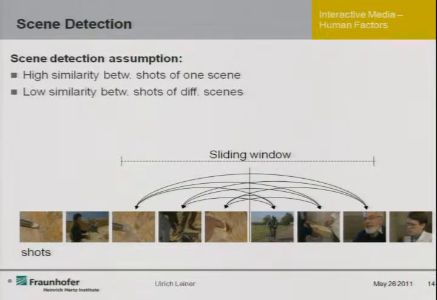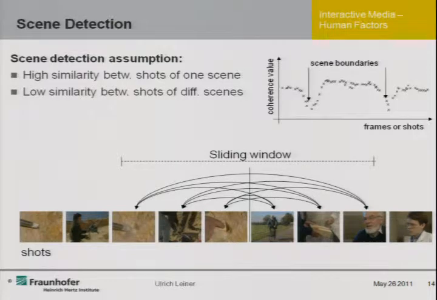It is similar for scene detection, but you have to do it a bit more cleverly. We found that scenes have a high coherence if they are in the same scene, and there are rarely certain gaps if it switches to another scene.